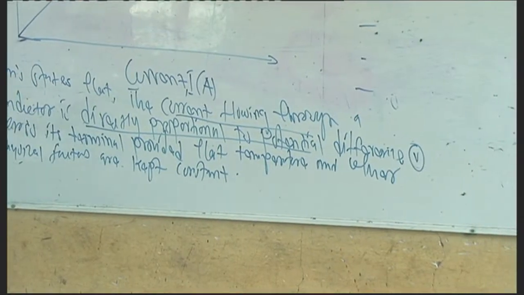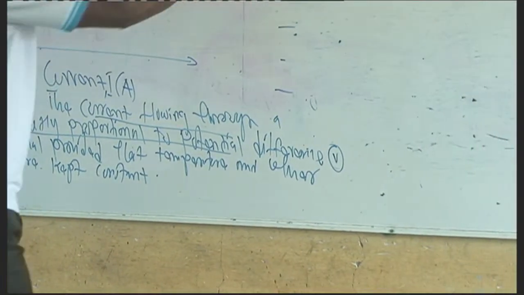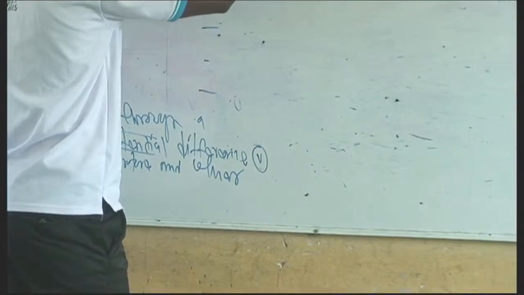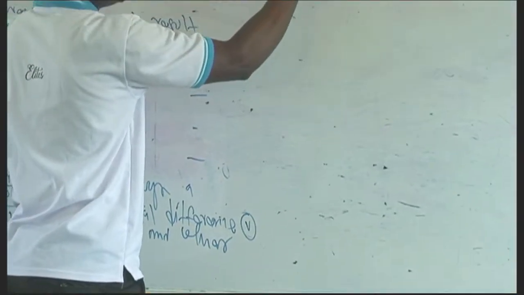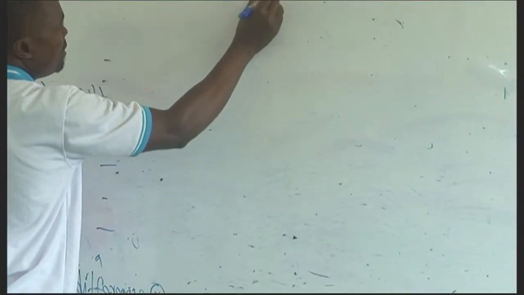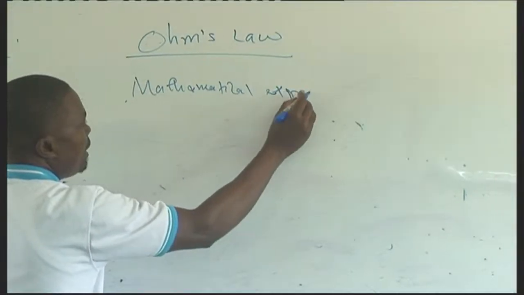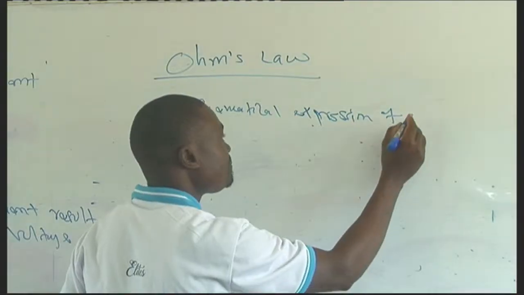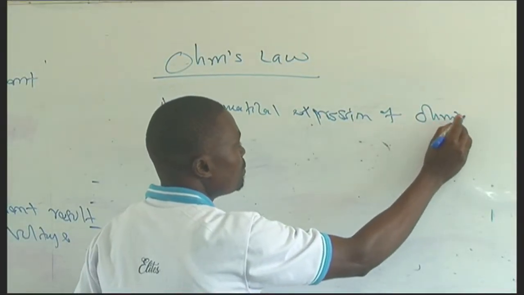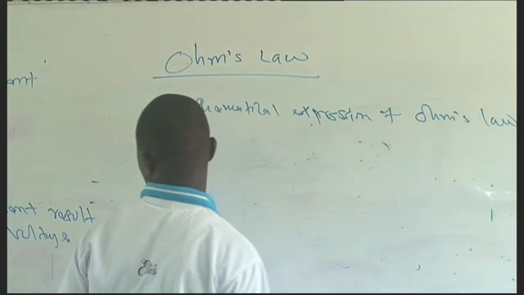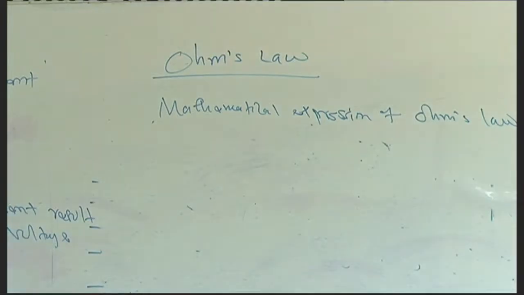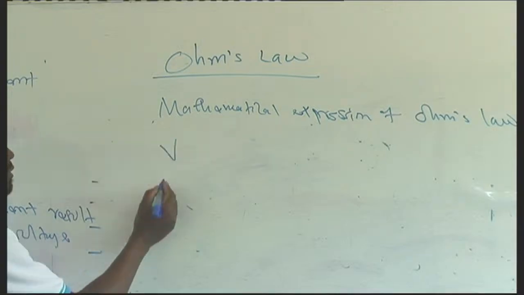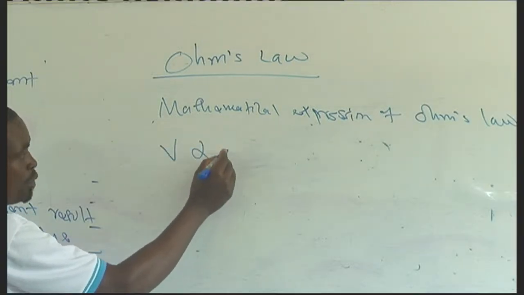So we can say the mathematical expression of Ohm's law. So the voltage is proportional to the current.